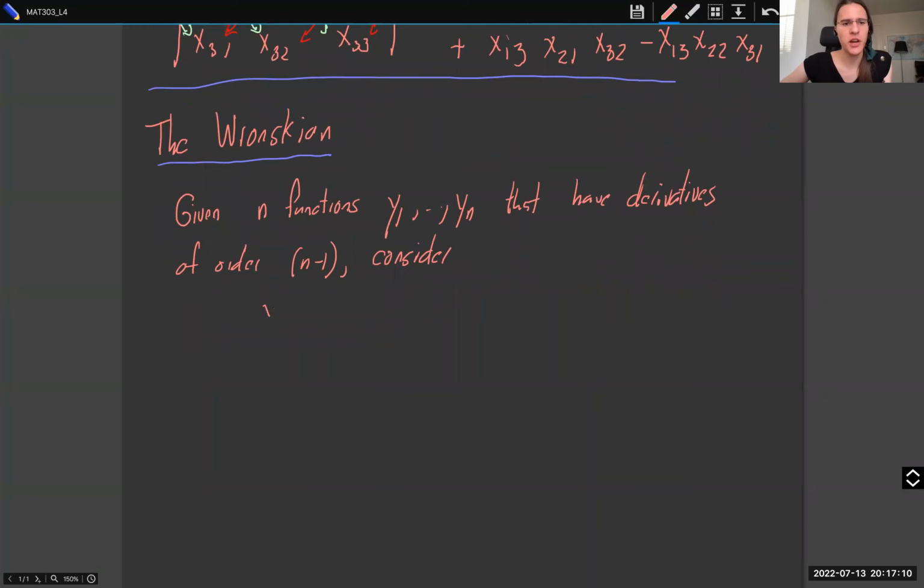This is going to be a function of x. So the Wronskian of y1 through to yn is going to be a function of x.